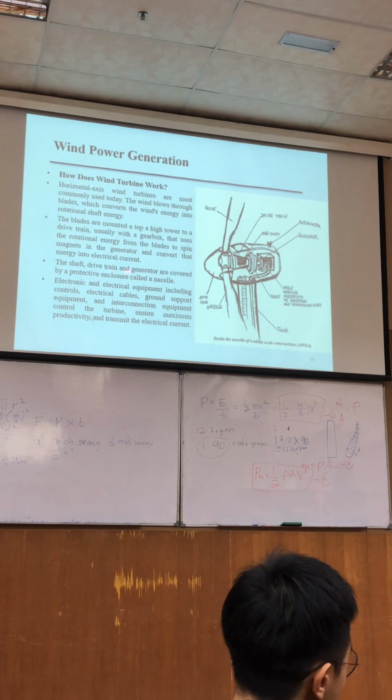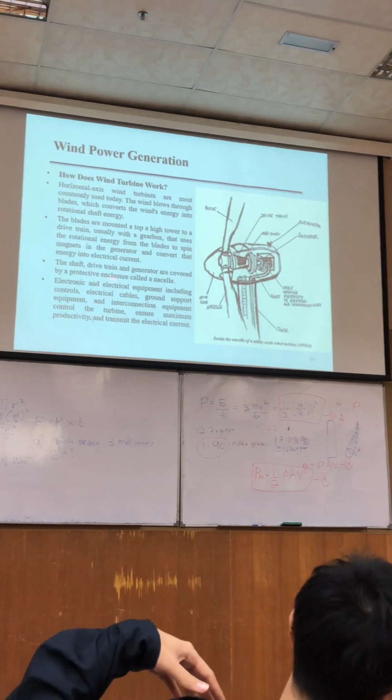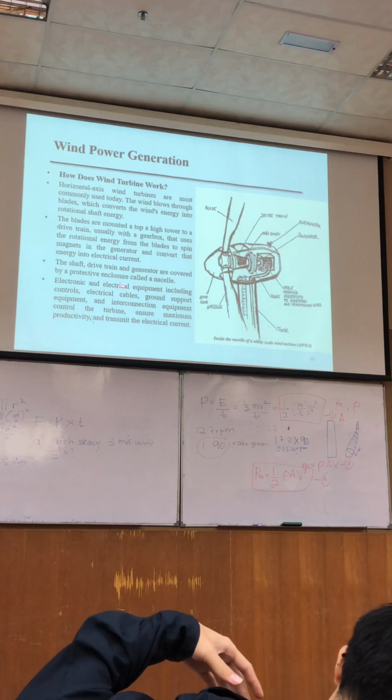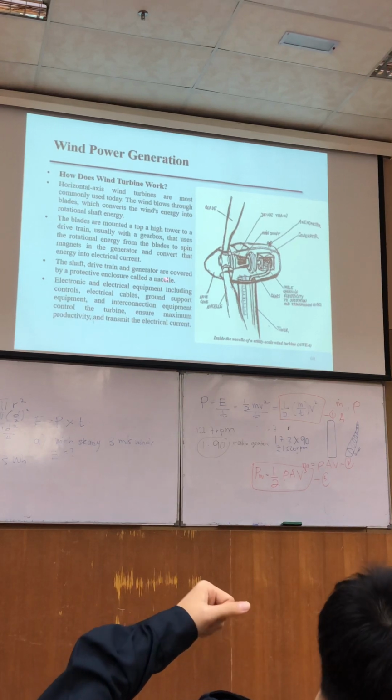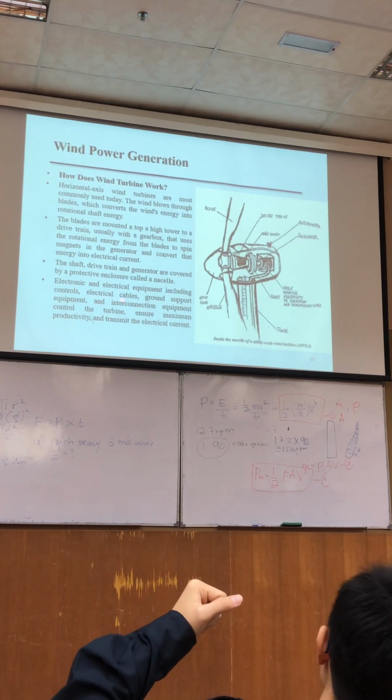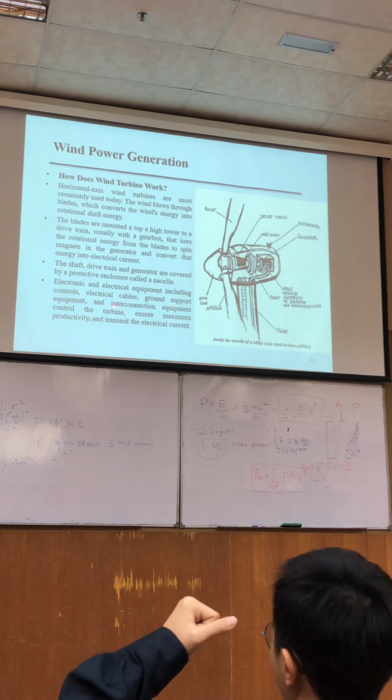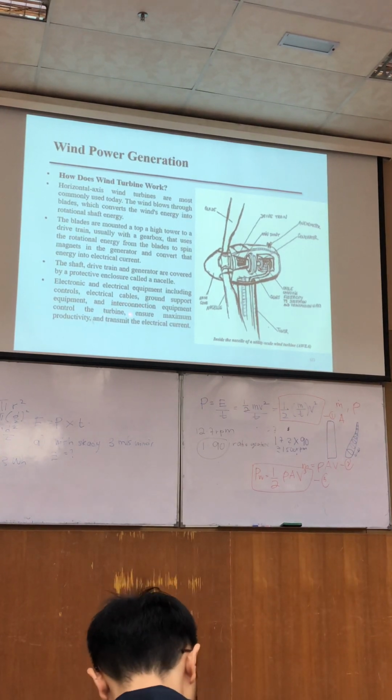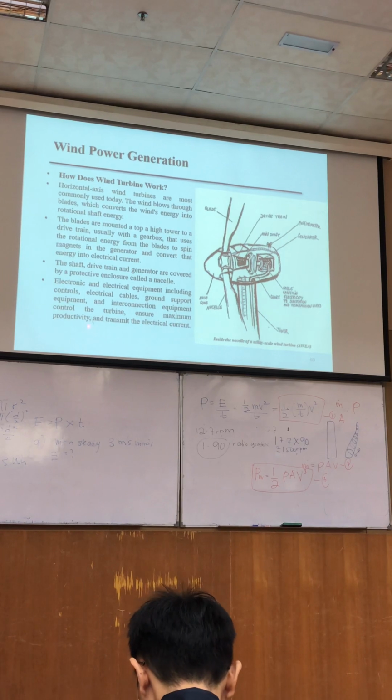The shaft, drive frame and generator are covered by a protective enclosure, what we call the nacelle. Electronic and electrical equipment, including controls, electrical cables, ground support equipment, and interconnection equipment control the turbine, ensure maximum productivity and transmit the electrical current, and then it goes to the substation and transmission line.